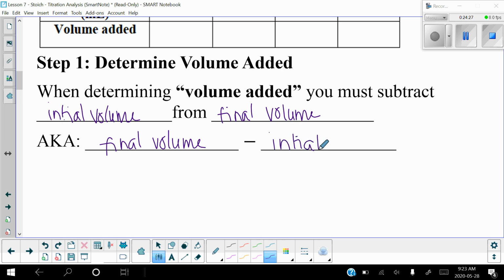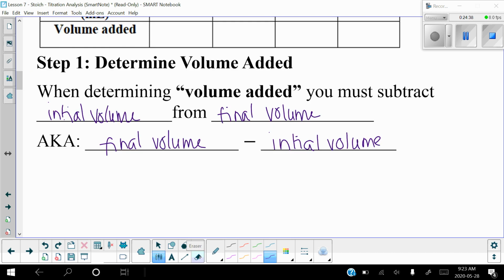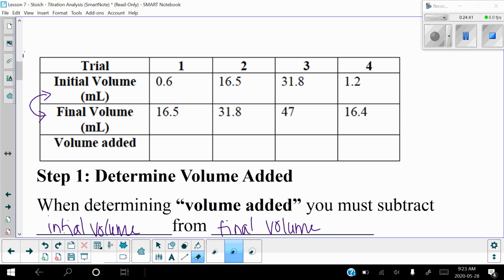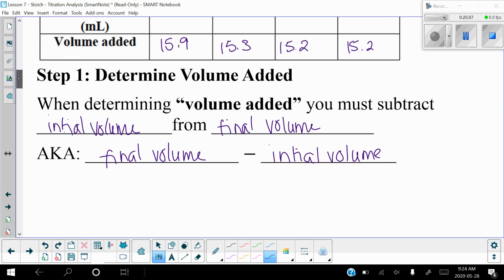Almost all the time you are taking final minus initial. Looking at our data table, we are going to subtract these numbers. So 16.5 minus 0.16, that's 15.9. This is 15.3. So always the bigger number minus the smaller number, if that also helps you. 15.2. You can't really have a negative volume.